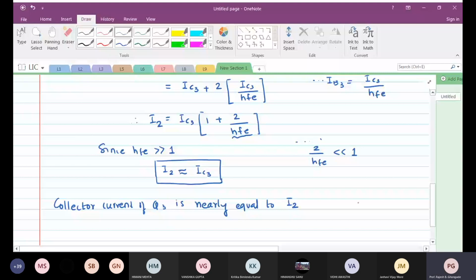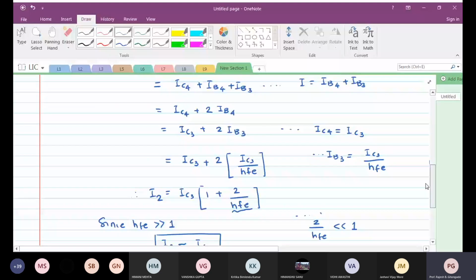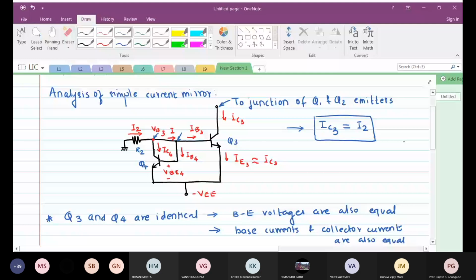Now let us see how I2 is obtained. How do I write an equation for I2? Remember, the polarity across R2 is like this. So can I write an equation for the base emitter loop?